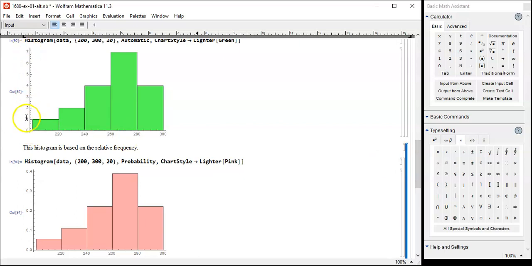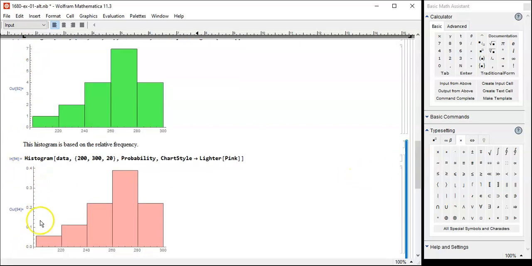Look at this vertical. Instead of going from 0 to 7, it's going from 0 to about 0.4, and those are relative frequencies. So we have relative frequencies, or decimals, or if you prefer percentages. And these are all scaling, so this picture here and that picture should be exactly the same. Just by looking at the picture, you cannot see whether it is given by frequency or relative frequency. You can see it only by looking at those scales.